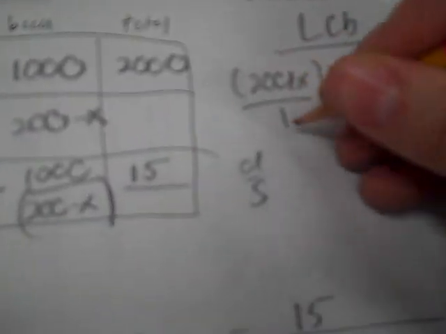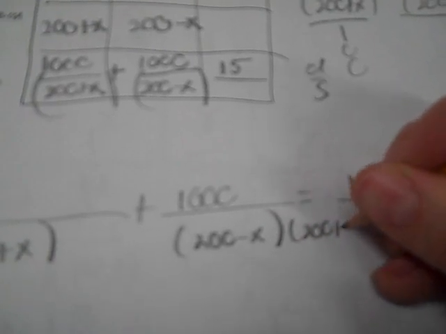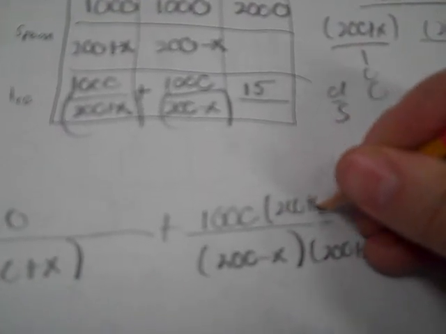Okay, so I have 200 plus x, and then 200 minus x. So 200 plus x, 1, 0, 0. So 200 plus x, and then 200 plus x. 200 minus x, 0, 1, 0.